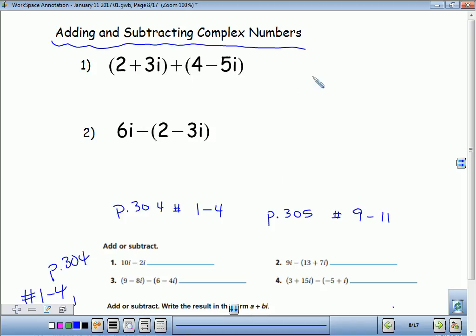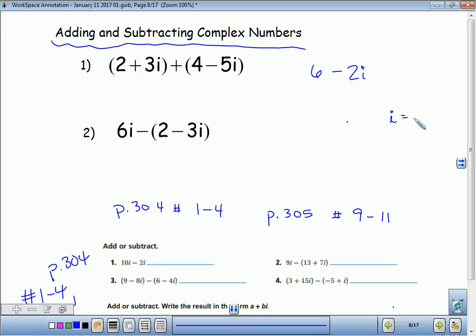You guys know how to do this without me telling you what to do. What's the answer to number 1? 6 plus or minus 2. Very good. That's exactly what you do. You add real parts with real parts, imaginary with imaginary. Write your answer in a plus bi form of a complex number. Perfect. If you multiply i by i, do you get 1? I squared.